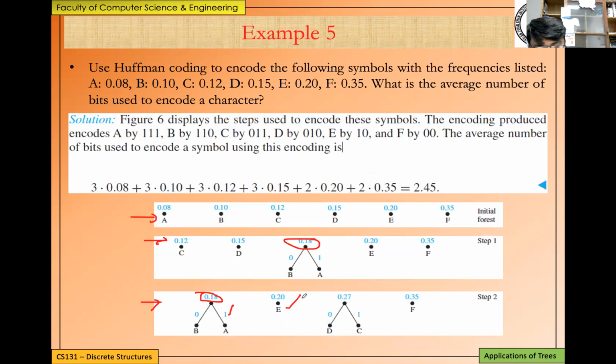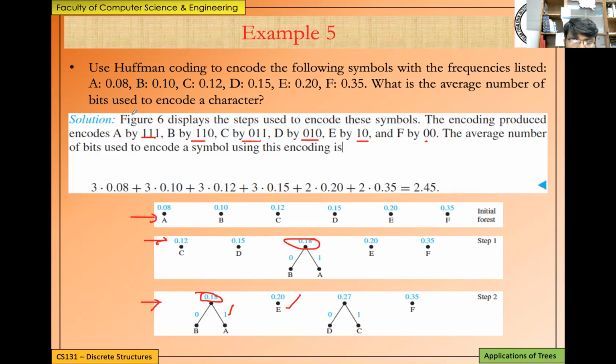And the question here is that now we know the encoding, right? So we know that A is encoded by 111, B by 110, C by 011, D by 010, E by 10 alone, and F by 00 alone. So the average number of bits used to encode a symbol using this encoding is going to be 3 multiplied by 0.08 for A, since 3 bits are required for A, and A has a frequency of 0.08.